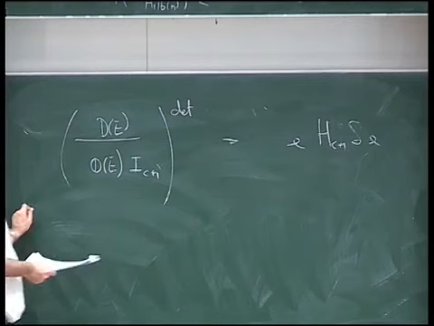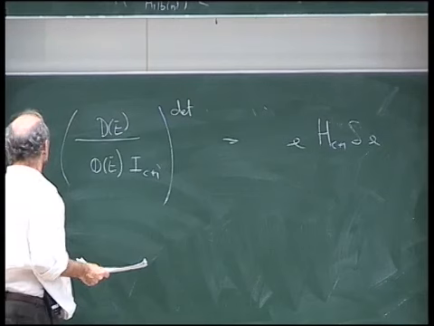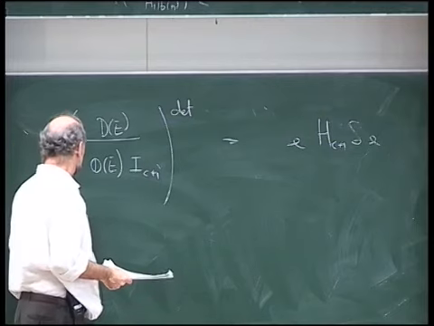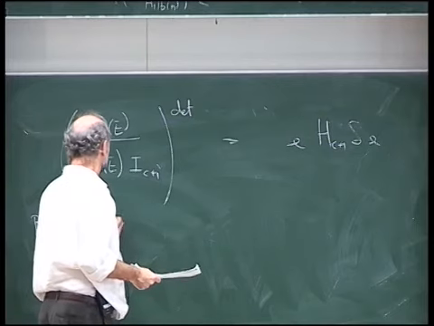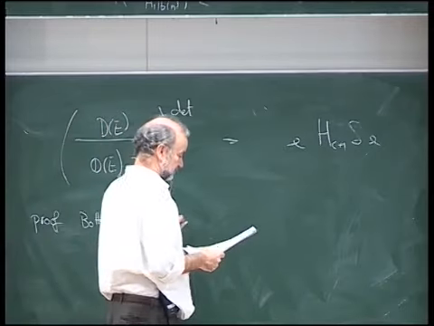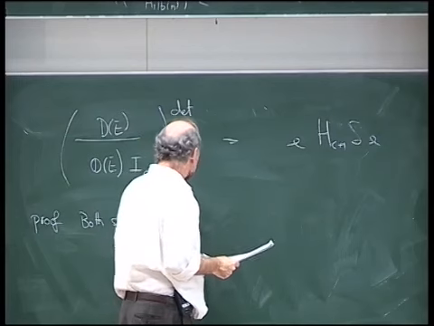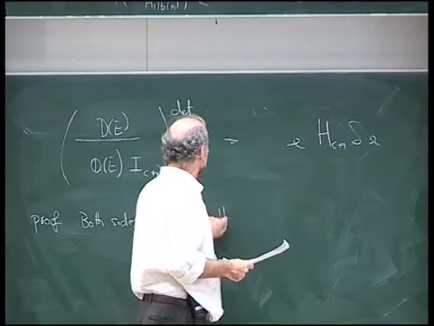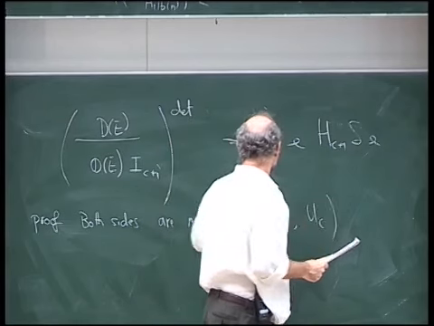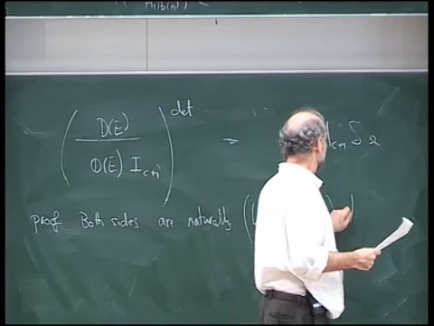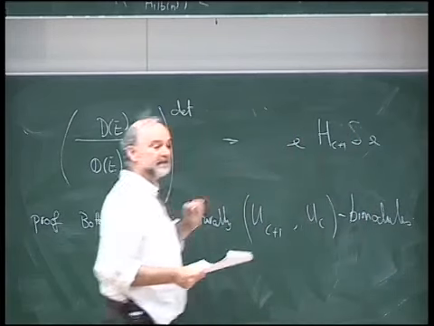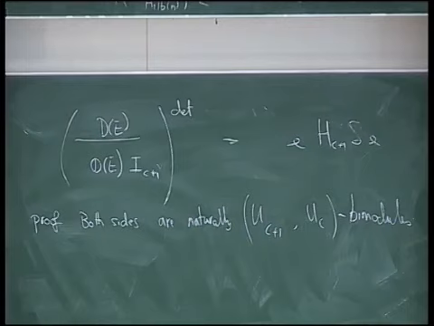So what's my proof? Well, both sides here are naturally U_{C+1}, U_C bimodules. We saw how it worked there, and the same thing works on the left-hand side.